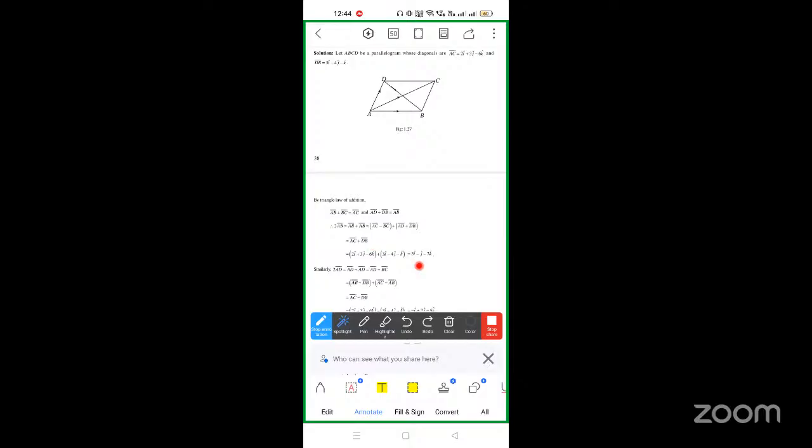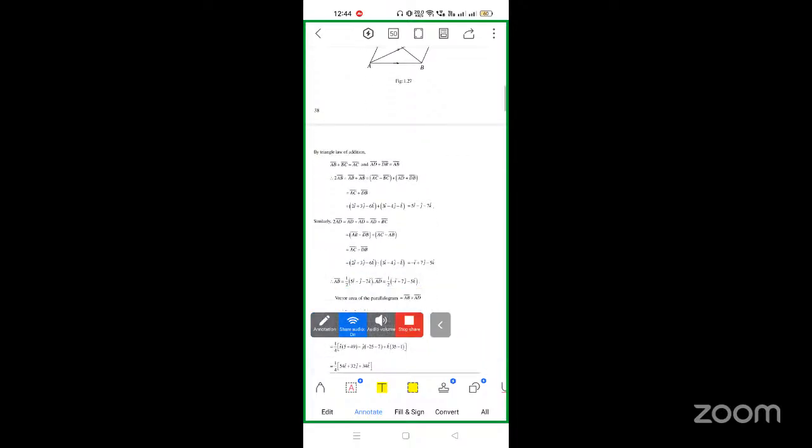So 2AB is equal to 5i minus j minus 7k. Similarly, 2AD is equal to AC minus BD, so after simplifying we get minus i plus 7j minus 5k. So AB is equal to 1 by 2 times 5i minus j minus 7k, and AD is equal to 1 by 2 times minus i plus 7j minus 5k.